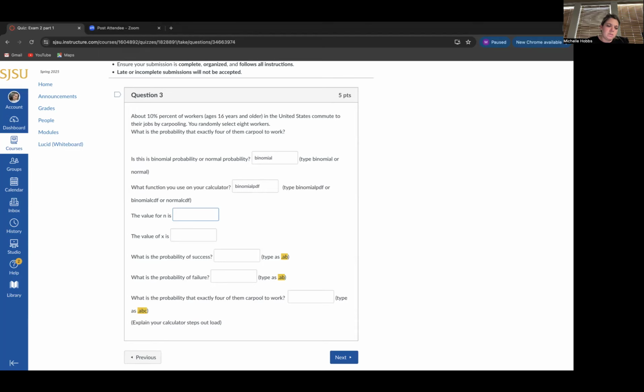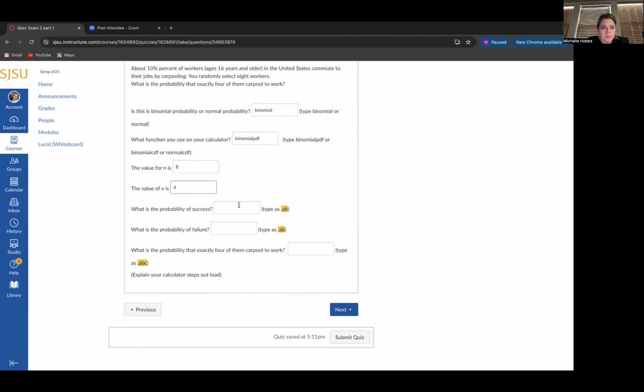So n is going to be 8, because that's the workers, 8 workers. So n is 8 and then x is going to be 4, because that is the probability that 4 of them carpool to work.